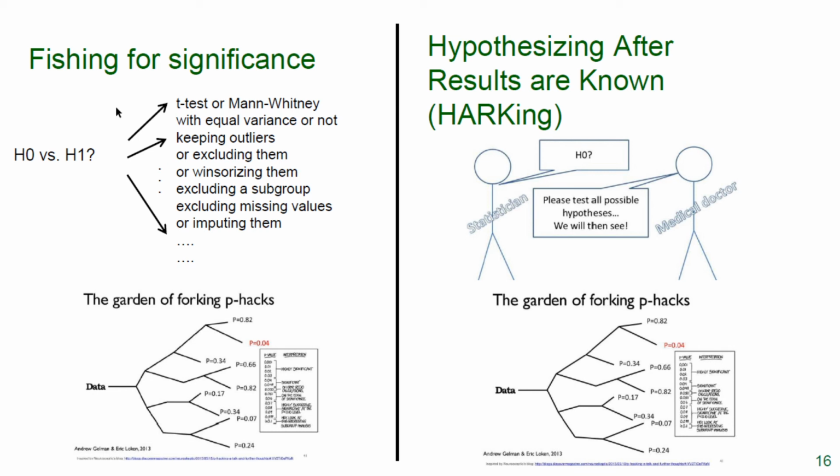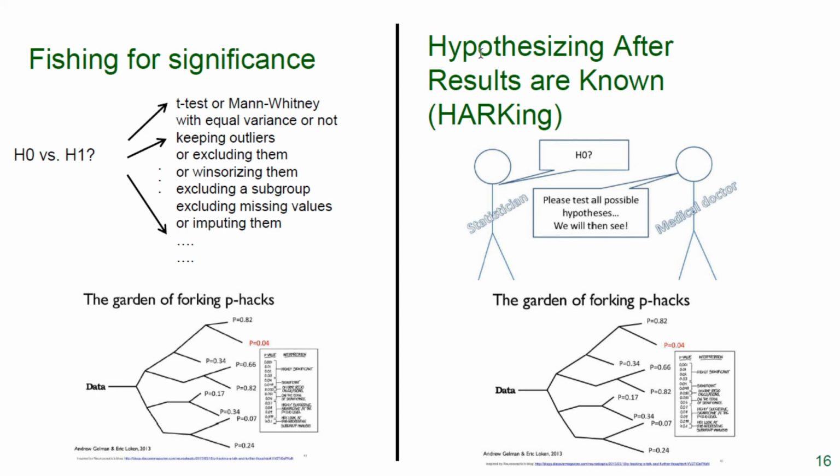So this is fishing for significance that we have already seen. We have one null hypothesis, and we try different analysis strategies. So we do a lot of tests, and at the end we often get a false positive result out of all these p-values. This was the fishing for significance mechanism that we have just talked about. Now there is a variant of it which is called HARKing, which is something different but strongly related.